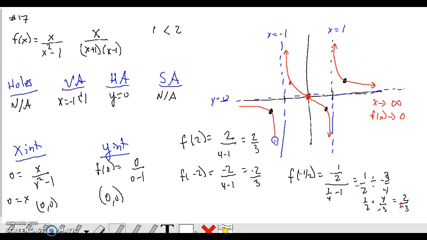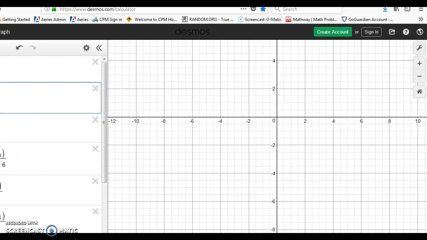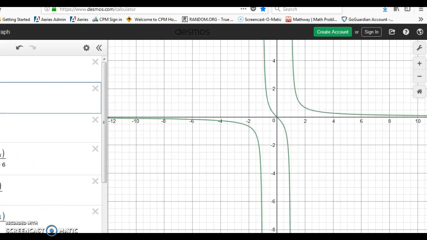And then over here, again, x is approaching negative infinity, and your f of x is approaching 0 on that side. Over here, our x is not going to negative infinity or positive infinity, which means my graph can cross my asymptote. So let's see what that looks like. And here's our graph. So notice that we do have that point. So notice that it is crossing, and it does look a little cubic.